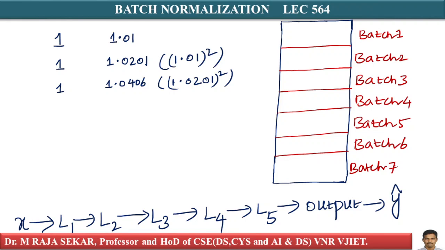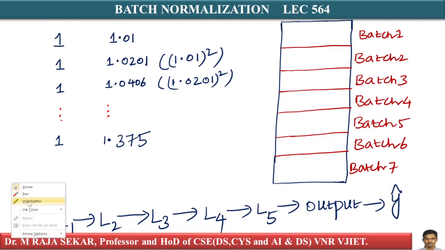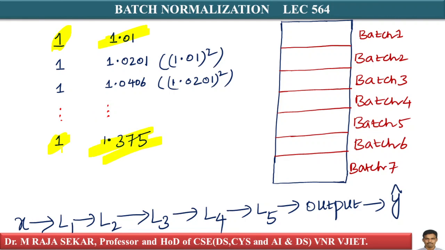For example, after doing this 5 times, the 1 remains the same, but the 1.01 becomes 1.375. That is 37% more than the first.